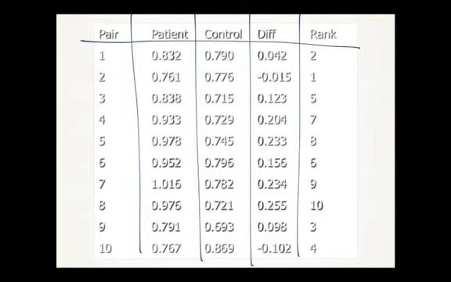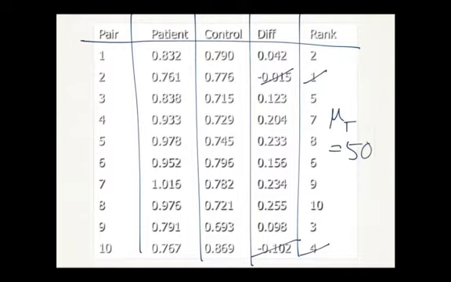This is a negative, so this is out. This is a negative, so this is out. The rest of them are positive. So it's 2 plus 5 is 7, plus 7 is 14, plus 8 is 22, plus 6 is 28, plus 9 is 37, plus 10 is 47, plus 3 is 50. So mu sub t in this example is equal to 50.